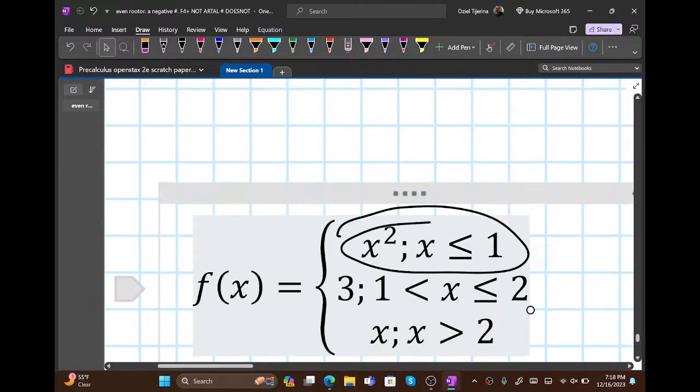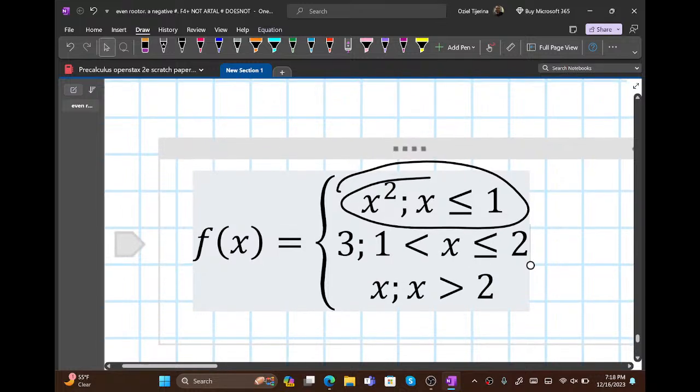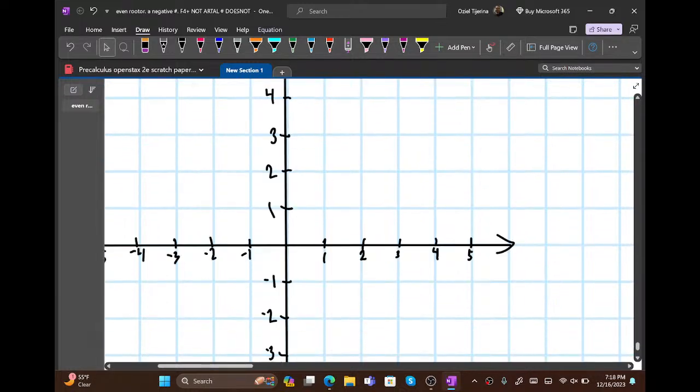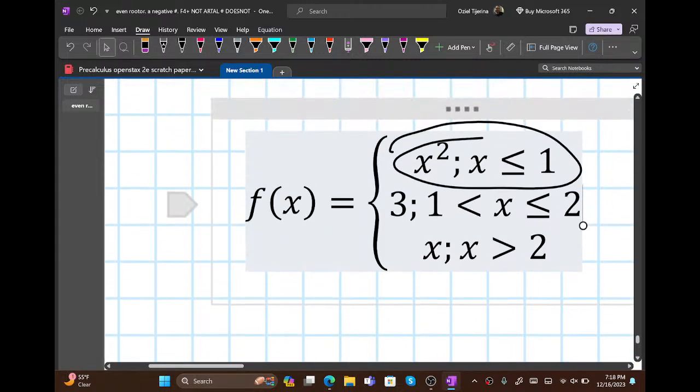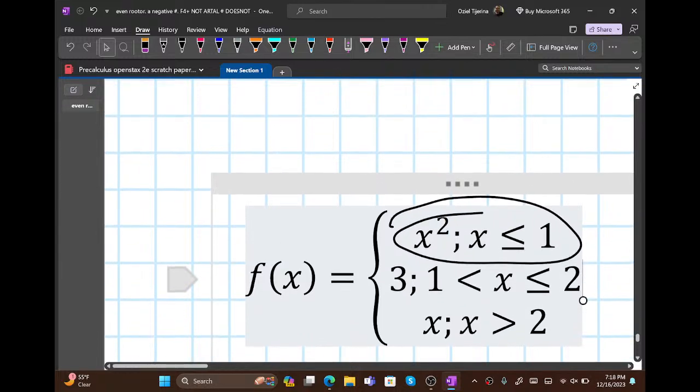It's the function x squared, but it's only to the left of 1.